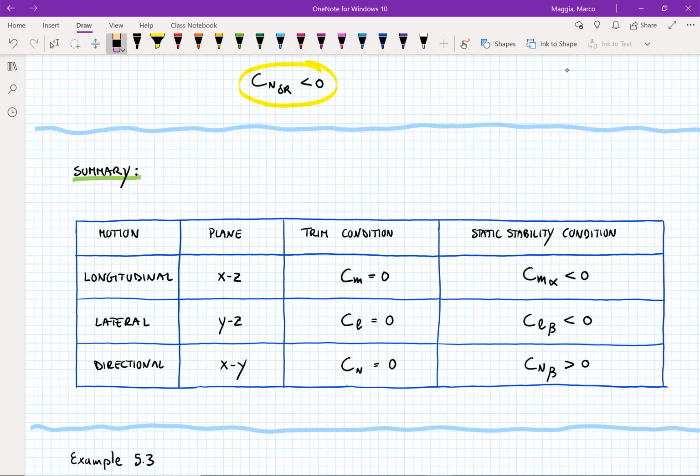And today, finally, we concluded the description of all the static stability by describing the directional motion, which takes place on the xy plane. Its trim condition is Cn equals 0. And the static stability condition for a directional motion for the aircraft is that its derivative Cn beta has to be greater than 0.